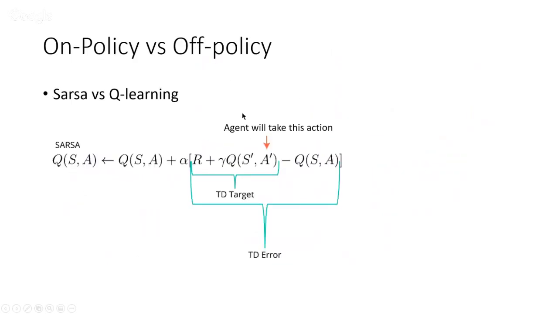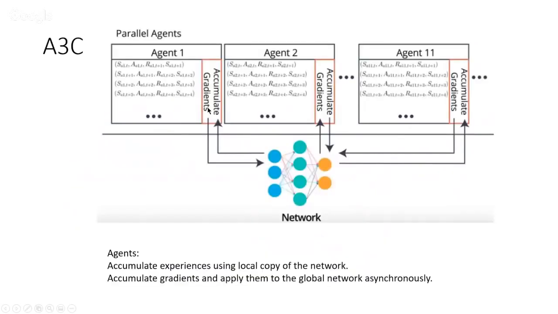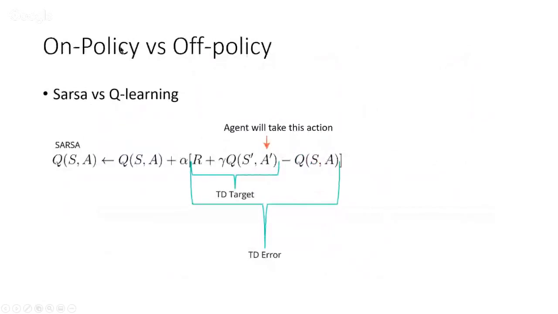So on policy is when you use the same policy to select action as well as update your network. SARSA was an on policy method. We had an epsilon greedy policy, and using it we said, okay, given this state and action, I will get the next state from the environment, and then I will select this action a prime, which I got from my epsilon greedy policy.